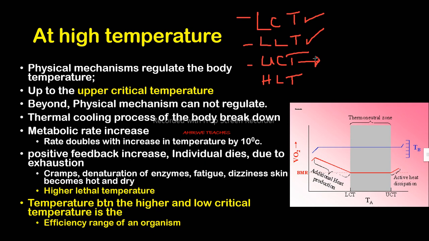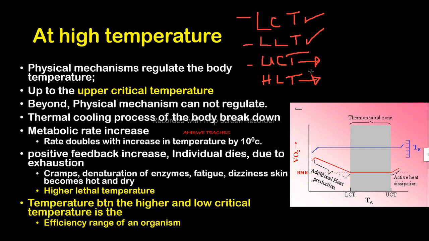The sweating, the falling of the skin hair, the vasodilation, they can no longer maintain the body temperature constant. And so because of that, the metabolic rate begins to increase up to the higher lethal temperature where the organism, boom, dies.